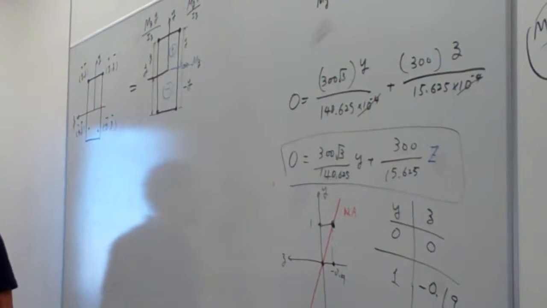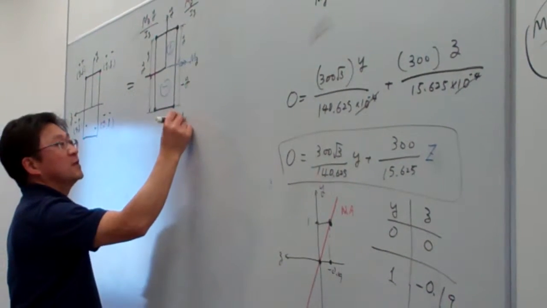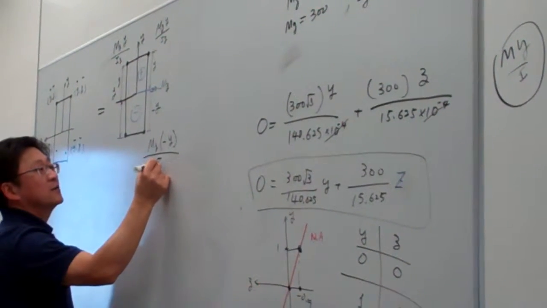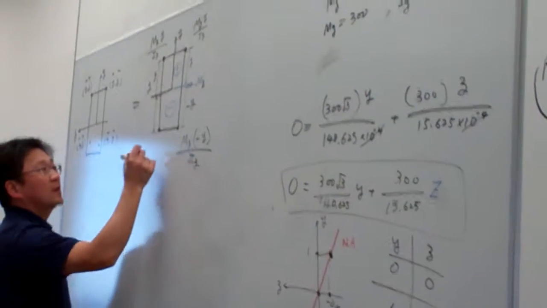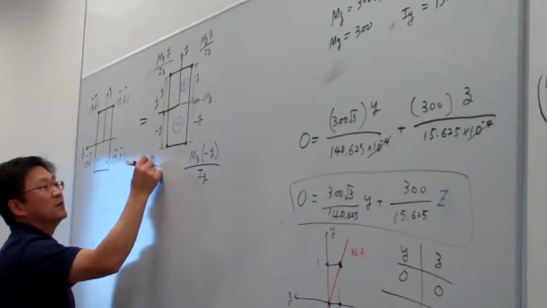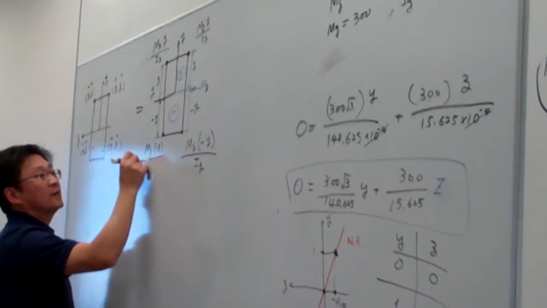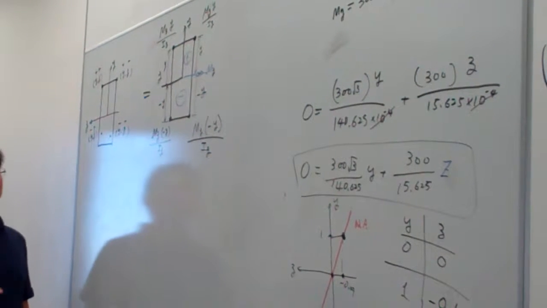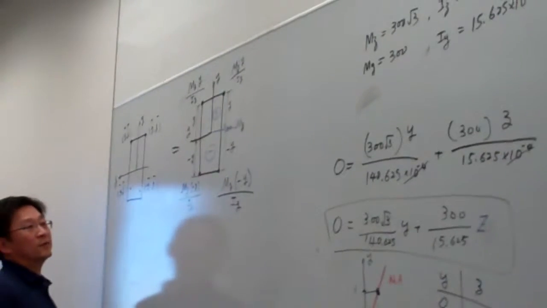Yeah. Okay, now we use this one. Mz times distance and Iz. At this point, the same, the distance is minus y. So Mz times minus y and Iz. Are we okay? Yes. Okay, now we try to formulate the whole problem.